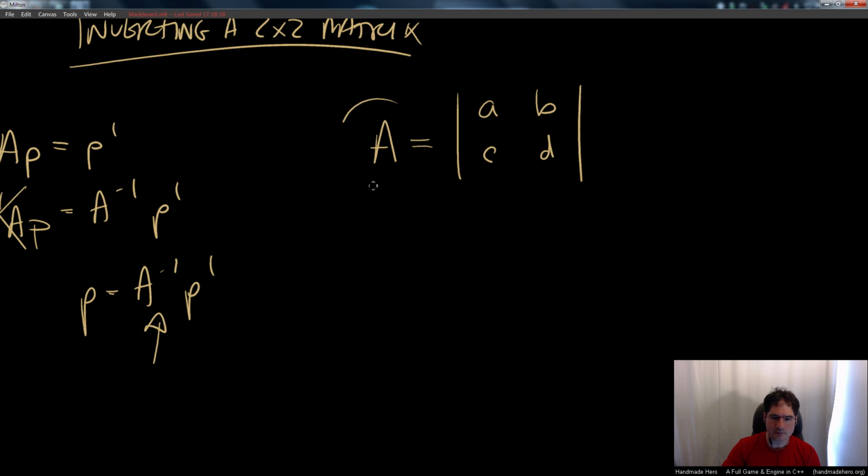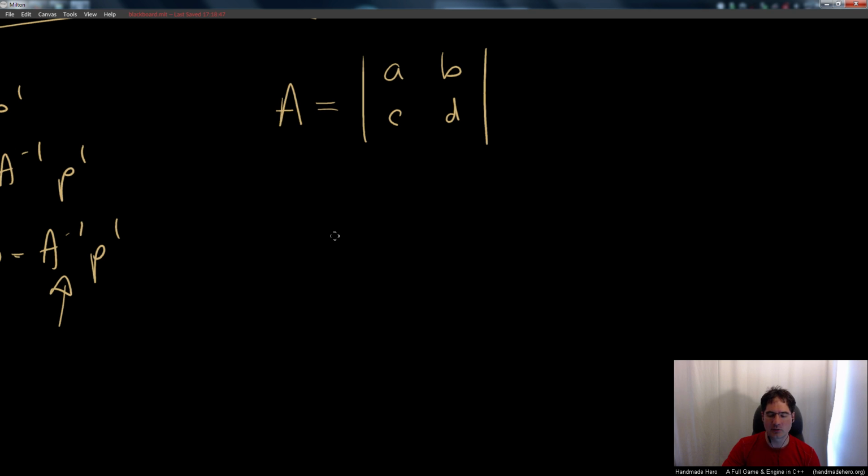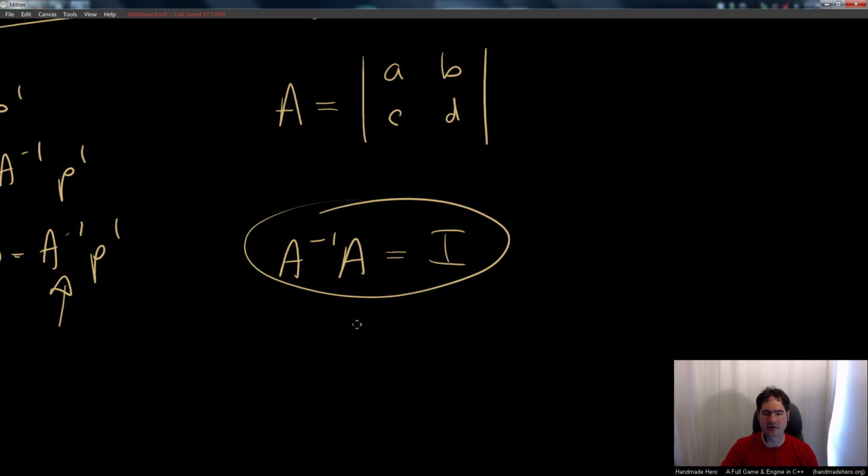So here's my A matrix. And what I said yesterday when we were talking about the definition of the inverse and the definition of the identity matrix was something very basic: A inverse times A has to equal the identity matrix. That's the definition of the inverse. That's what we know has to be true.